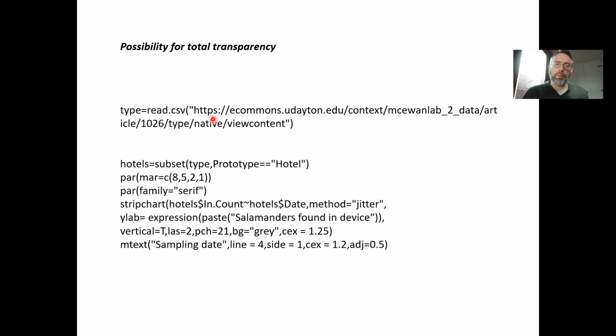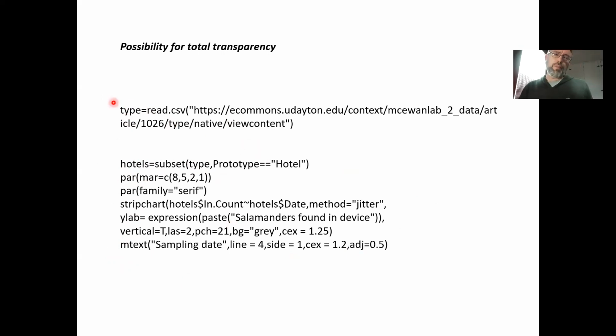Posted on eCommons. So this code, this is our code saying, hey, type equals read.csv, this file, which is posted on that eCommons site. And then all the rest of the code points back to this. See type right here. This is some code you don't know about, subsetting, whatever. Like, oh, I made a figure.